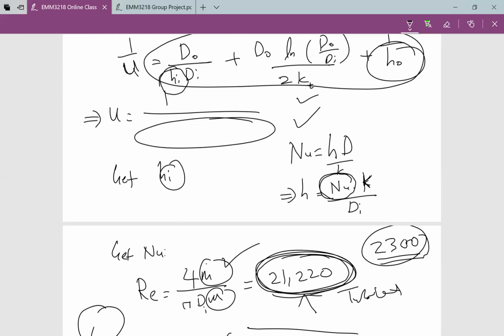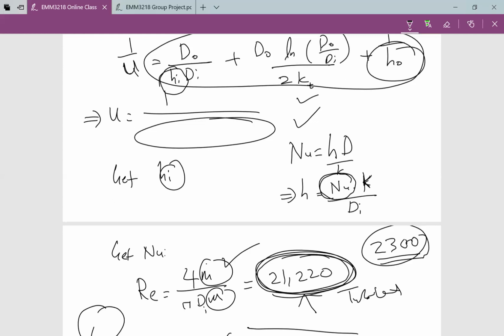Then there's L over D, the ratio between the length and the diameter. Let's check that. What is our L over D? I think it's greater than 10. Hopefully you're looking at the table because that's what I'm doing now. L over D greater than 10 applies to all correlations, so it doesn't make any difference.